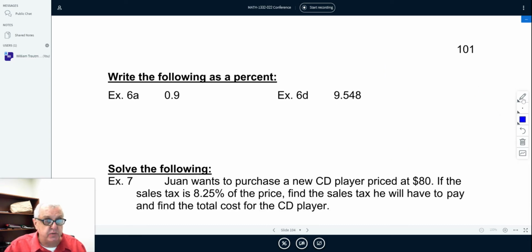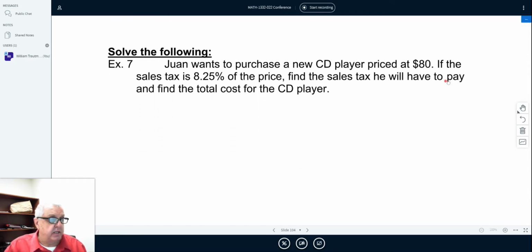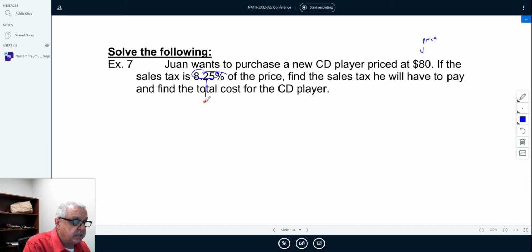So let's go there. Here's page 101, number 7. It says Juan wants to purchase a new CD player priced at $80. This is the price of an item. If the sales tax is 8.25%, that's our sales tax.